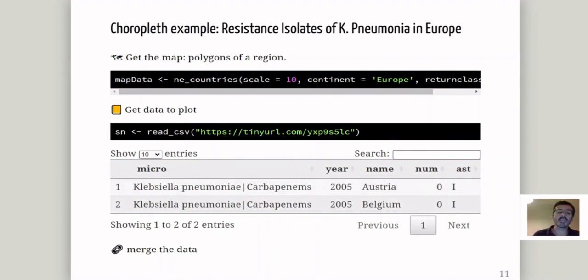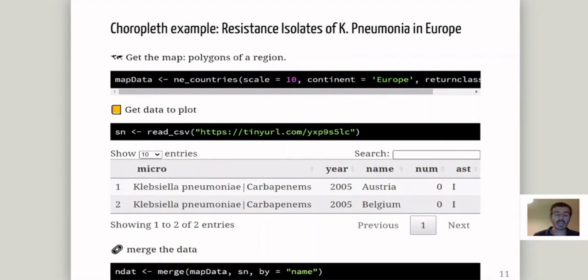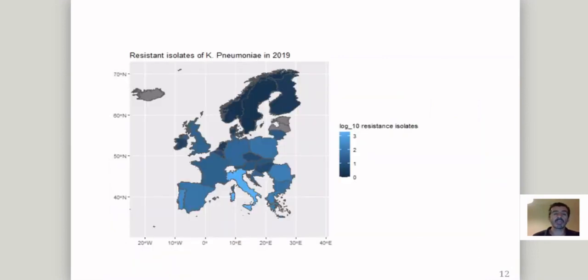And so we merge our data, and what we are merging is the geographical information together with the information about the microbe we are interested in. So when it's finally merged, we can make our plot. This map, called a color map, is showing us the number of resistant isolates registered in 2019 in different countries of Europe. And we have the legend here.